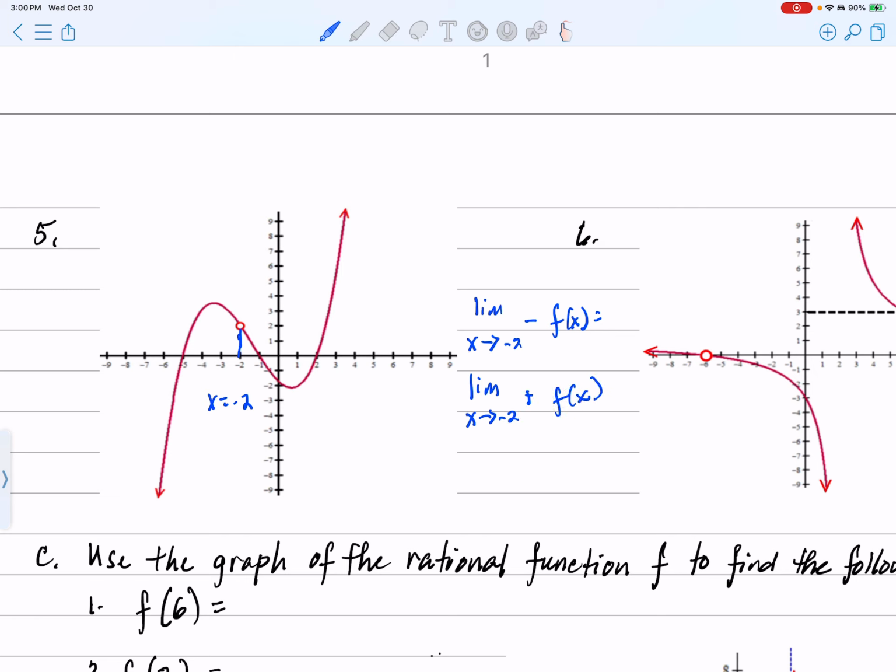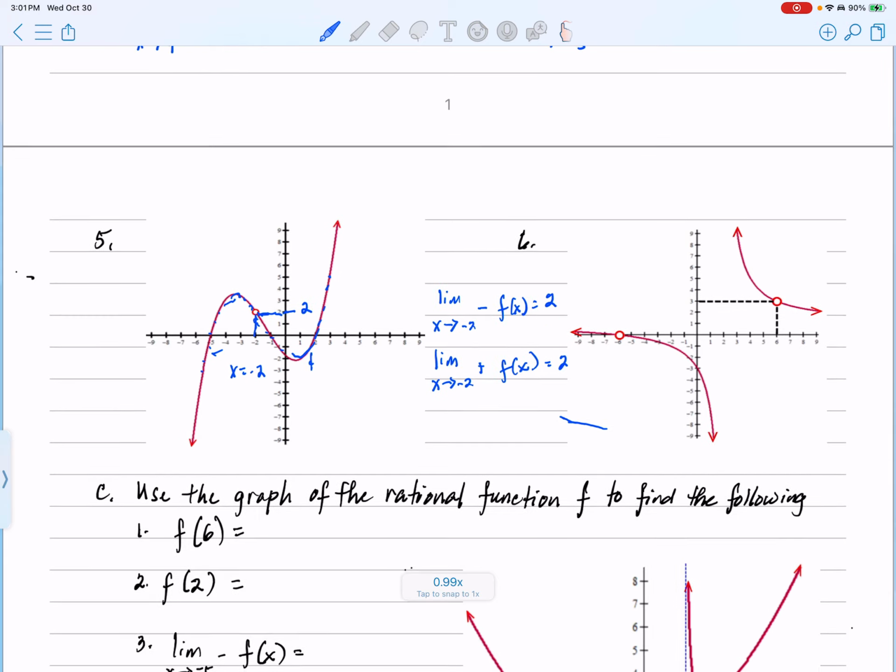So this is the left, this is the right here. But as we move on, it goes closer to 2 right there. Same thing from the right. As it goes closer, it will approximately have the value of y is 2.